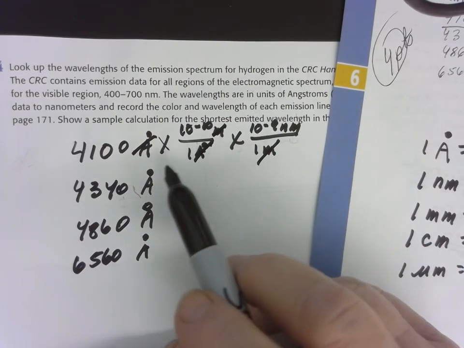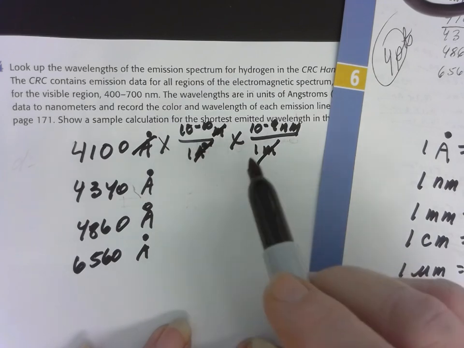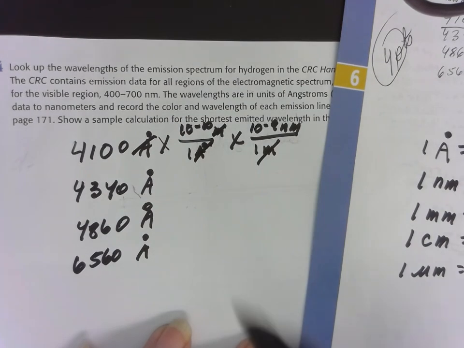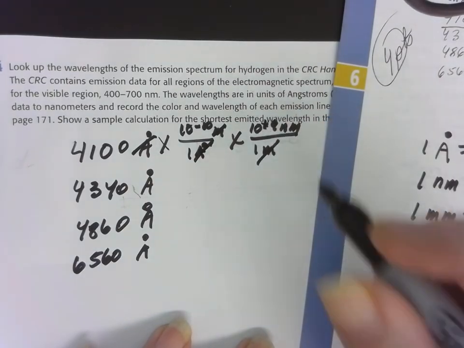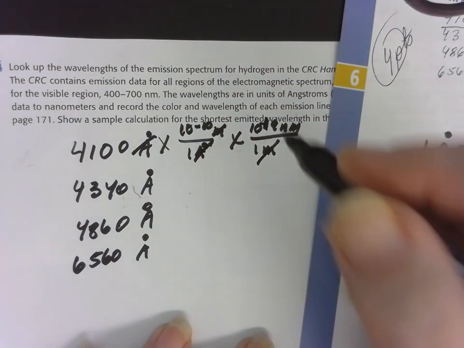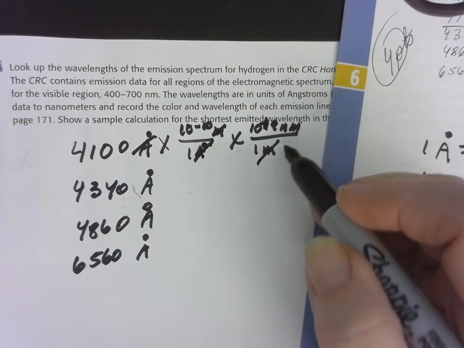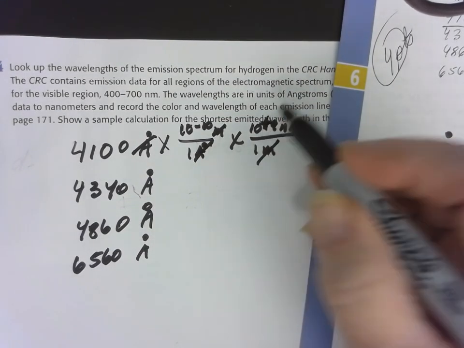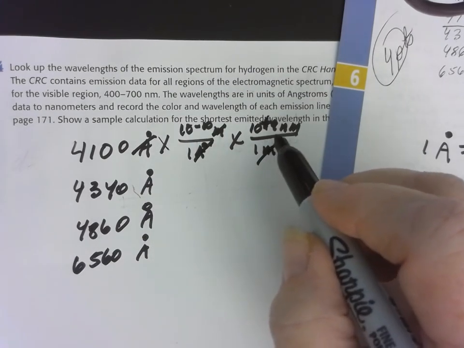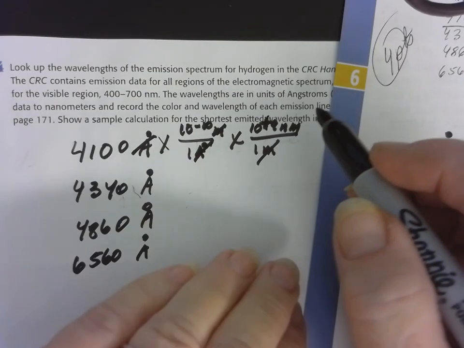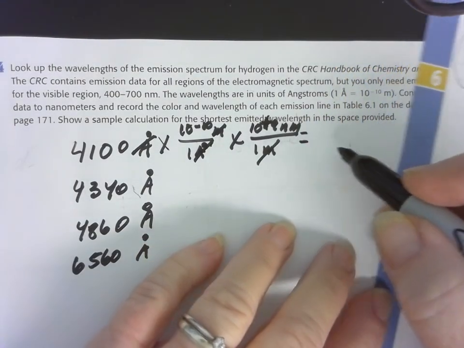So when you take 4,100 times 10 to the negative 10 times, I'm sorry, this is a positive number, 10 to the positive 9. There's a lot of nanometers in 1 meter, so that's a positive 9. So 10 to the negative 10 times 10 to the positive 9, and we know what that number is, because we're used to working with exponents.